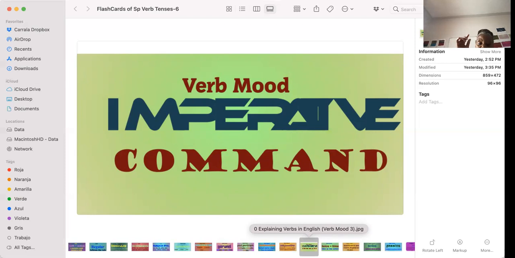Then for usted, you change the AR ending to the ER ending. So it's hable usted. But for ustedes, it's hablen. So instead of it being AN, it goes to the ER ending, which is the EN. That's not super complicated. You have to remember it.